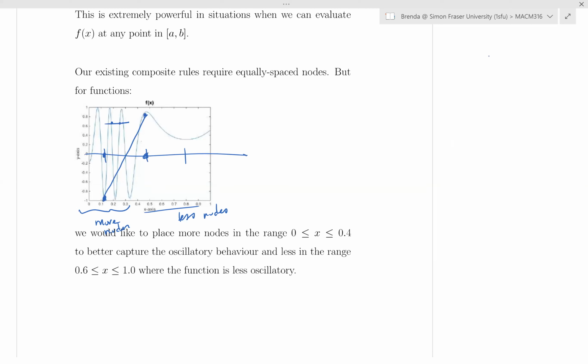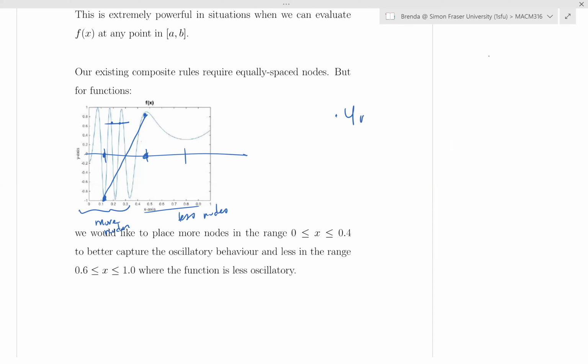So that's the idea of adaptive quadrature: put more nodes where the thing is changing a lot and fewer where it is not. You cannot use adaptive quadrature if you only know f of x at a fixed set of nodes, okay?